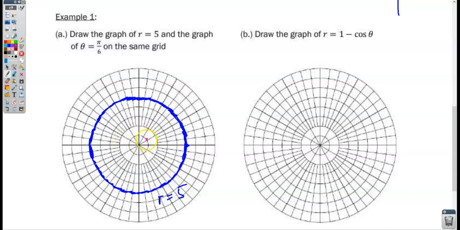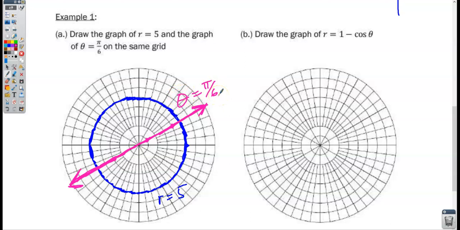Like here's the point 1 comma pi over 6, and here's the point 4 comma pi over 6, and here's the point -3 comma pi over 6, and you quickly find that those points all form a line, a line that forms an angle of pi over 6 with the initial ray. And so there are the graphs of what r equals 5 and theta equals pi over 6 look like.